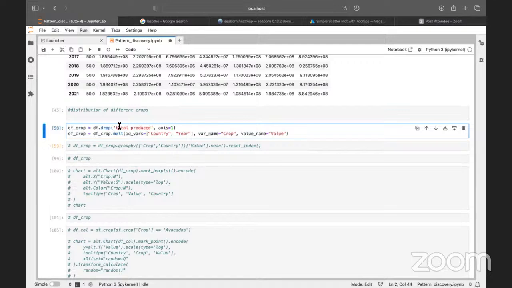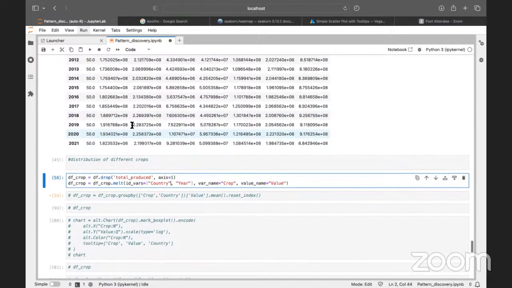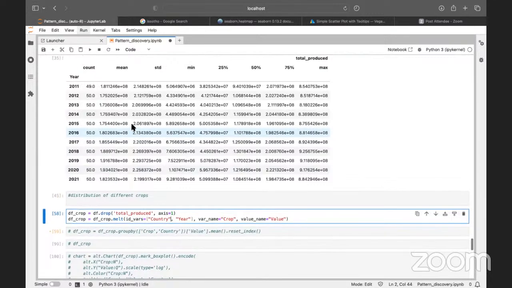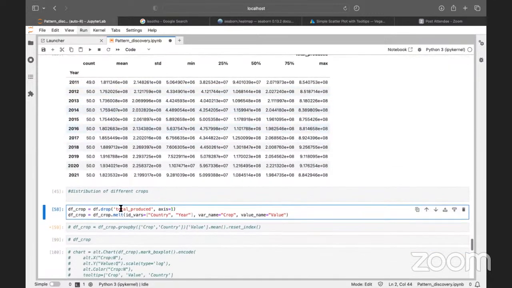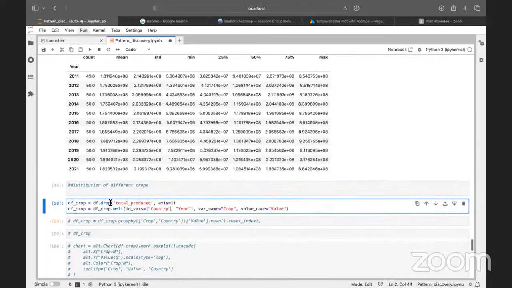And then I'm dropping the total produced. I think when I was grading your papers, I saw somebody talk about the total produced column could not be found. And so I'm not even sure about the challenges that the person faced in the course of doing this.